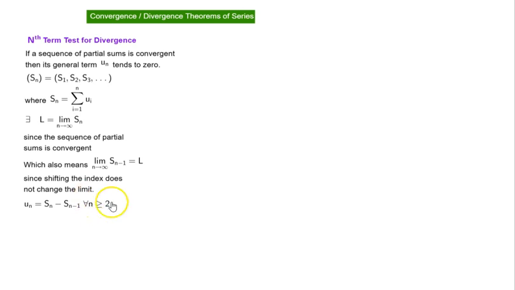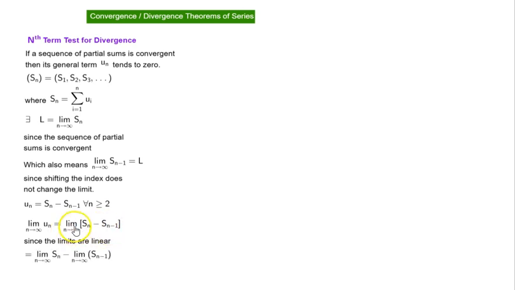So that is why n greater than or equal to 2. The limit as n goes to infinity of u sub n is equal to the limit as n goes to infinity of S sub n minus S sub n minus 1. So we are taking the limit of both sides as n goes to infinity. And this is true mainly because limits are linear.